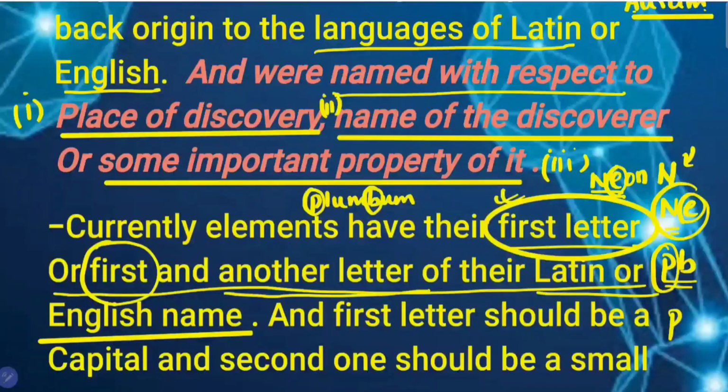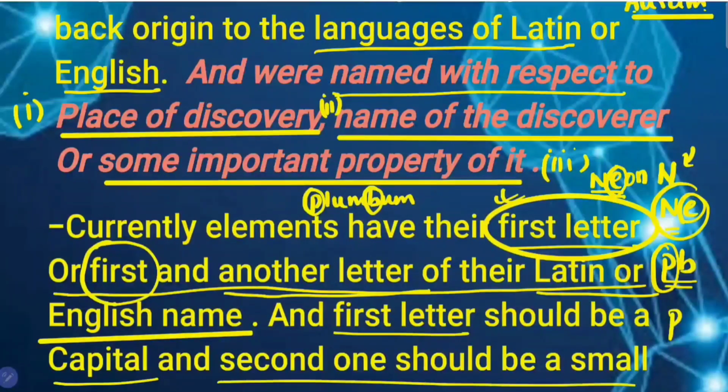And there is another rule that the first letter should always be a capital and the second one should be a small letter. As you can see, as I have written, the first letter should be a capital one and the second letter should be a small letter, if there are two letters actually. If there is only one letter, then I can just simply write it as a capital N, or capital P, just like that. So these are the rules, and this is how things evolved as time passed on.